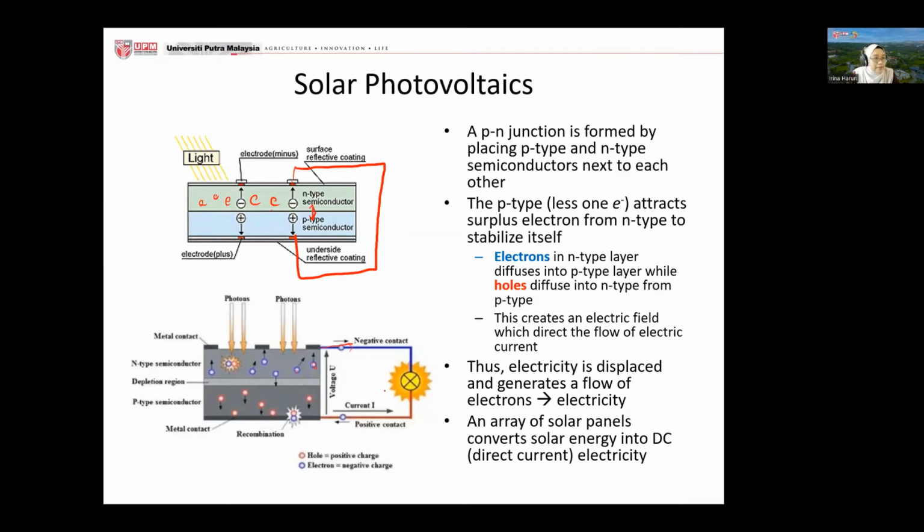That current is the one that generates the electricity. All right, and this is moving in one way, right? It's always moving here. So this is called a direct current.